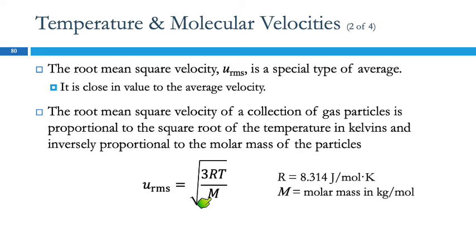Here, in order to make the units work out, the molar mass has to be in kilograms per mole, because kilogram is the base unit for mass in the SI system. Newtons have kilograms in them, joules have newtons in them, and then all the units work out. We've got this square root because of 1/2 mv squared. We're essentially finding the v here, the velocity, so we're looking at the square root.